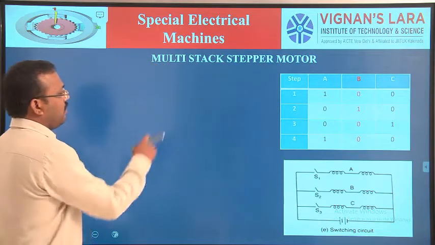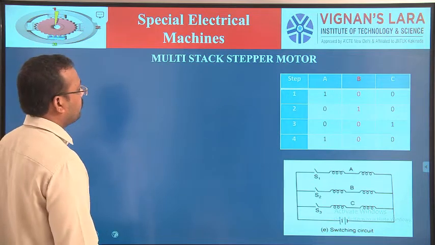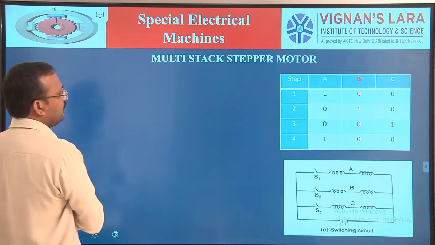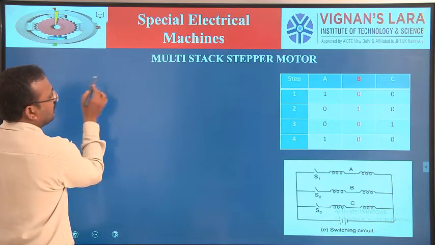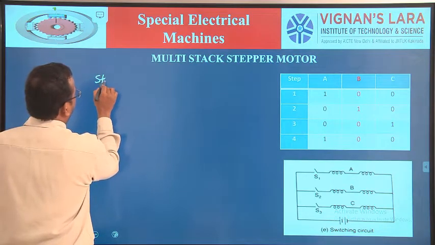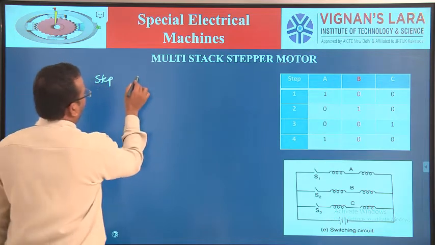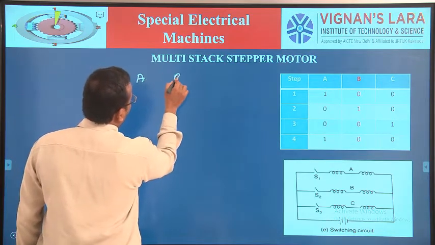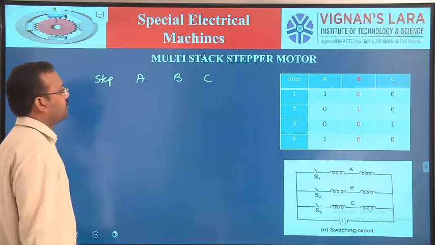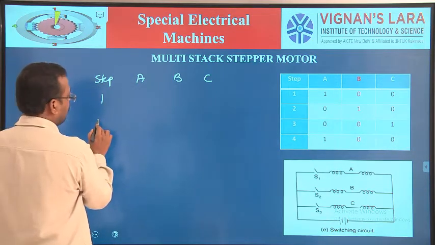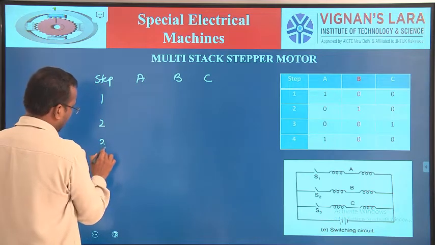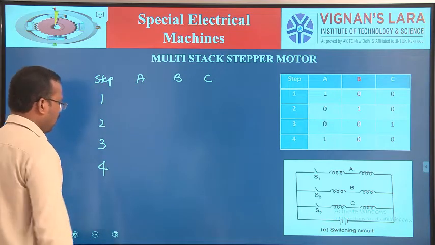Step angle, first one. Steps: phase A, phase B, phase C, 1, 2, 3 and 4. Okay.